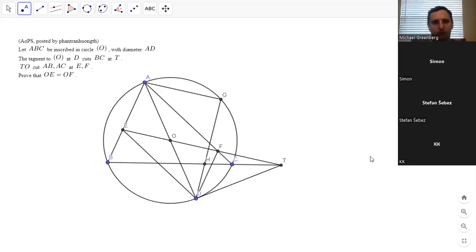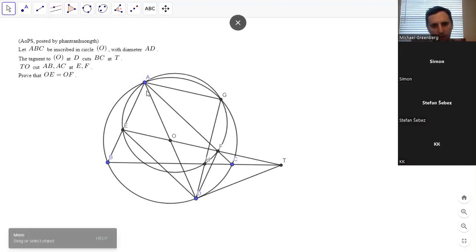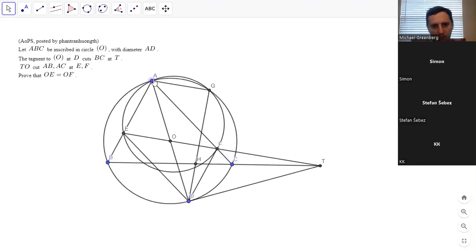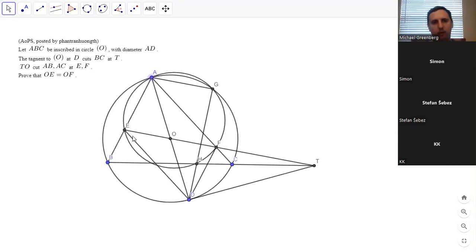So we want to show AEFG should be cyclic. In fact, would it be an isosceles trapezoid? It would be an isosceles trapezoid, or is that true? I'm not sure. Yeah, I think it would be an isosceles trapezoid.